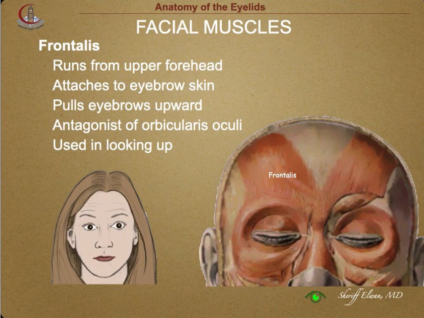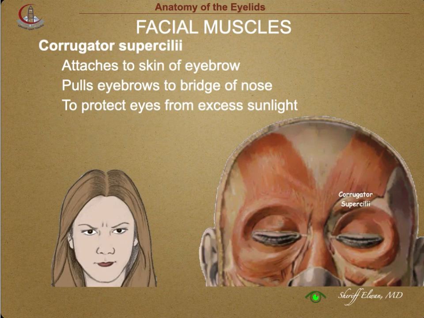So it attaches to the eyebrow skin, and thus it serves in pulling the eyebrows upwards, which is an antagonistic action of the orbicularis oculi, which closes the eyelids, and it is used while looking up to further elevate the eyebrows together with the elevation of the upper eyelids caused by the levator palpebrae superioris. As you can see here, it is elevating the eyebrows.